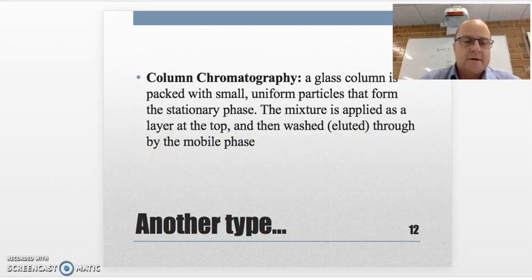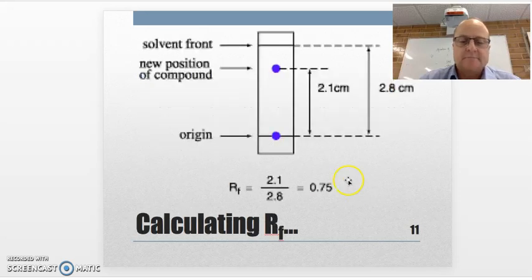Essentially, once we have RF values, there is a way of finding out what the substance actually is. So that's the technique used in thin layer chromatography to determine the components within a mixture and what they actually are.